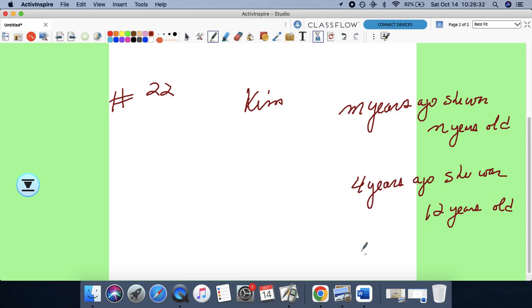Which means that today, right, I need to know her age today. 4 years ago, she was 12 years old, which means so m years ago, she was n years old. So let's reverse that.